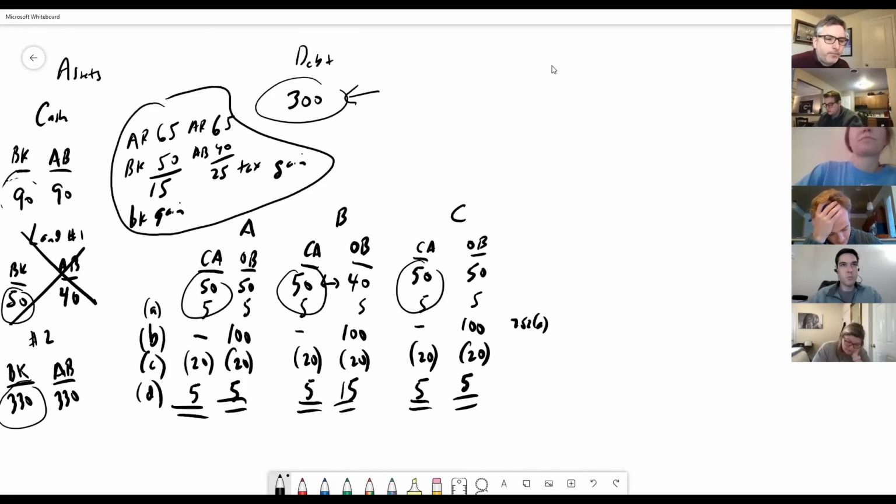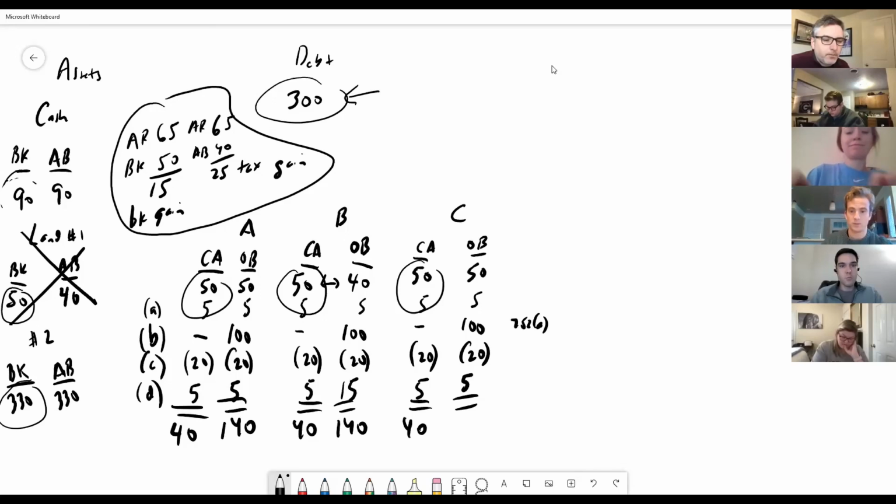So our capital accounts are 40. Our outside basis is each 140. So our left side of our balance sheet is 90 of cash plus 330 of book value for number 2. That's 420. Our right side of the balance sheet is 300 of debt and 40 of capital account. So our balance sheet balances, thank goodness.